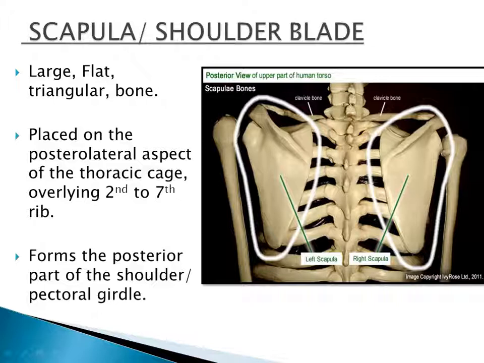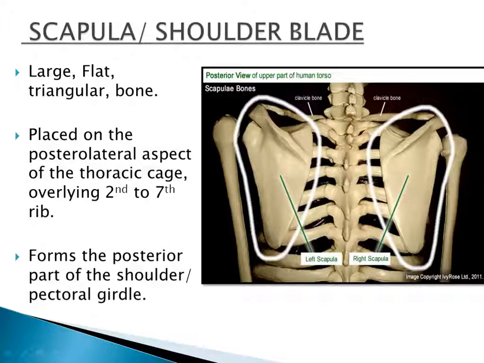Scapula is also called as shoulder blade. This is a large, flat, triangular bone which is placed on the posterolateral aspect of the thoracic cage. It is overlying the second to the seventh rib.